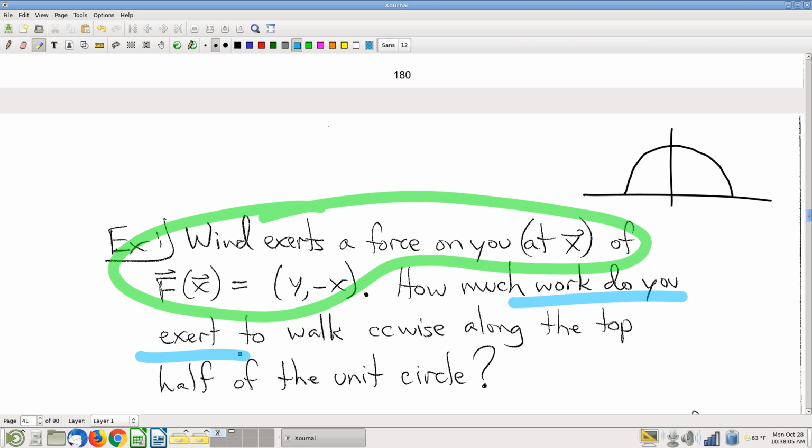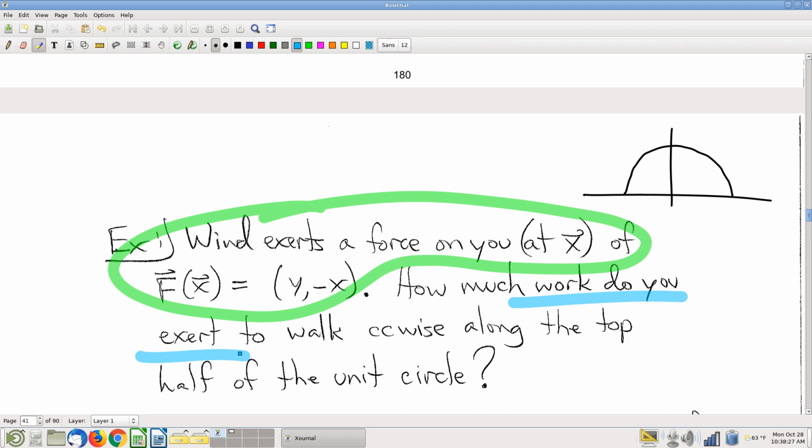I may exert a force to oppose the wind that's blowing on me, right? So if you're interested in work that I exert, then we've got to look at the force that I'm pushing with in the calculation.